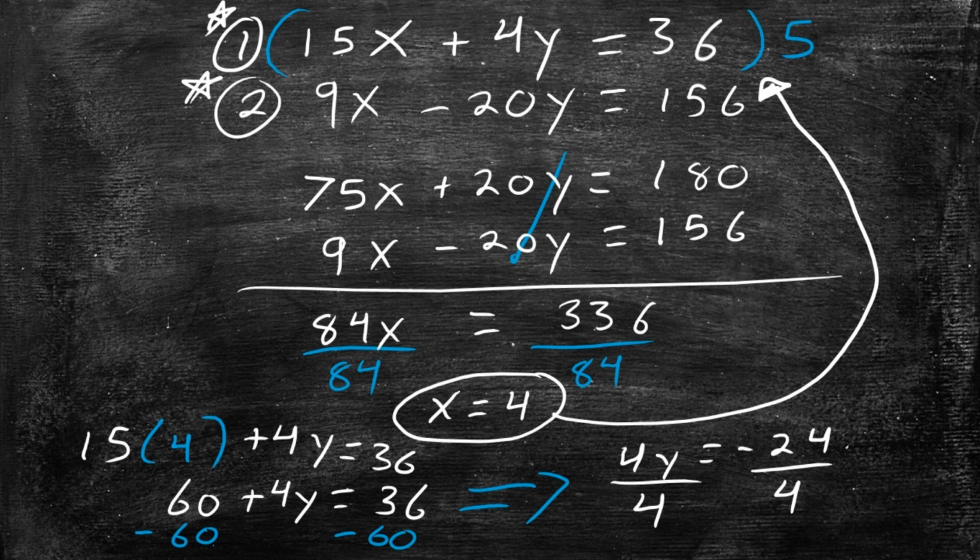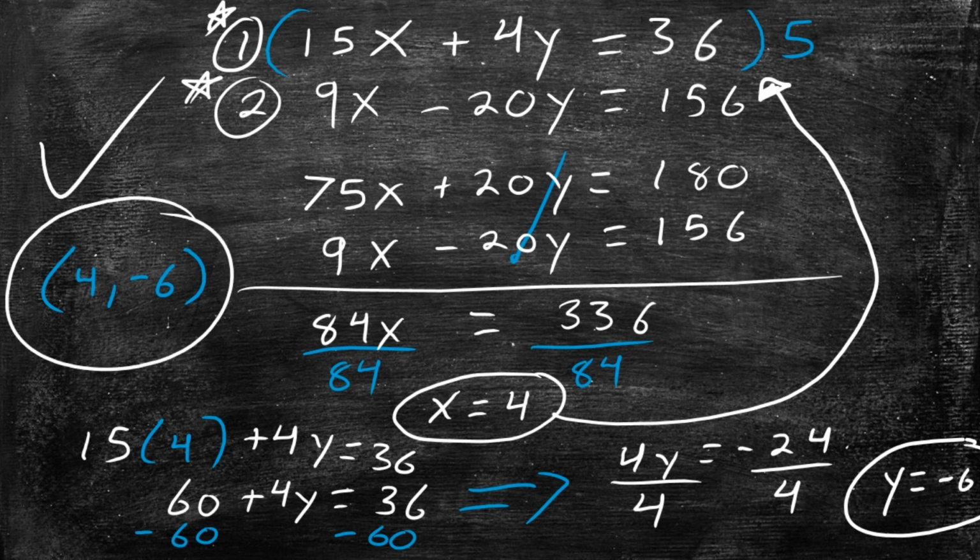And then what you get is y is equal to negative 6. All right. Now, the last step is to write this in the point solution form here. So we have our answer, which is 4 comma negative 6. And this problem is now complete.